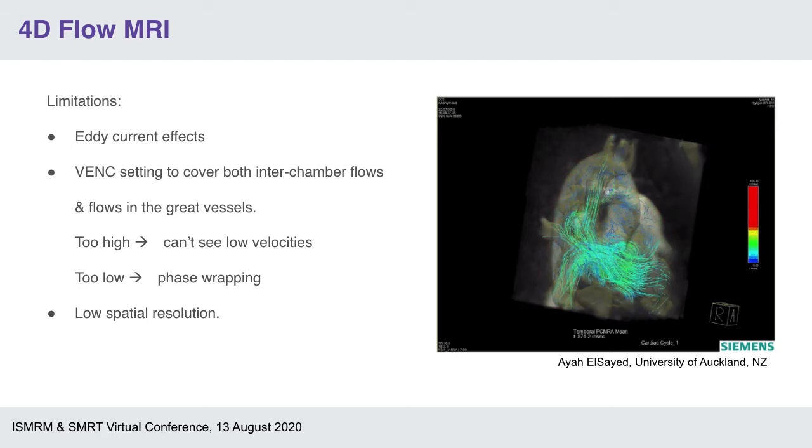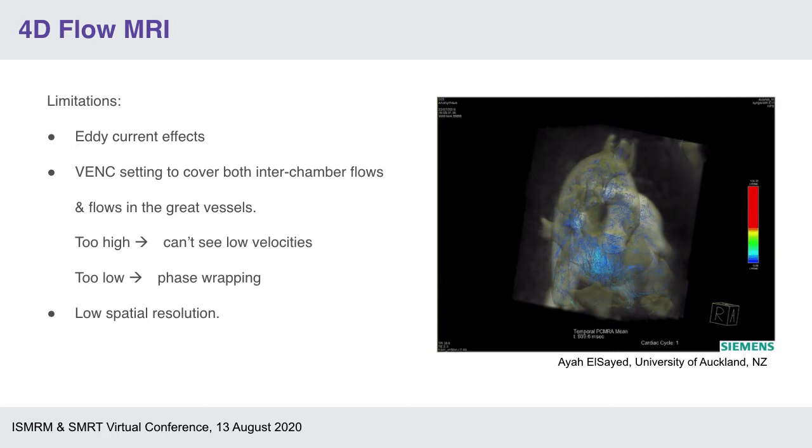Also, setting the VENC parameter during the acquisition is a bit tricky, because you want to cover the whole range of blood flow velocities, from the slow velocities to the high velocities. If we set the VENC too high, we can't see the low velocities because they look like noise. But if we set the VENC too low, then there will be phase wrapping in some high velocity jets.